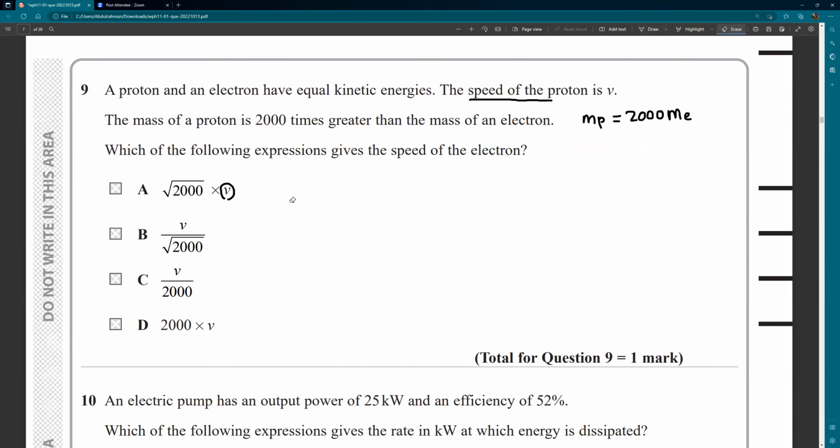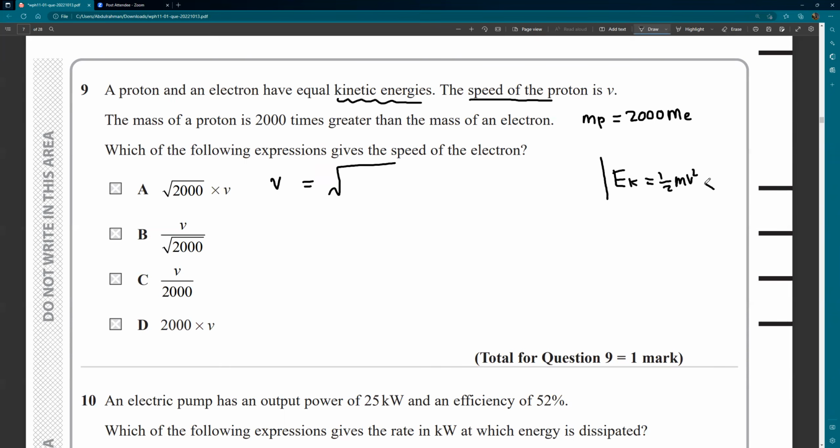Well, to do that, you're going to need an expression for the speed of the proton and an expression for the speed of the electron, and then compare the two so you could have one as an expression of the other. So let's first write down an expression for the speed of the proton. The speed of the proton, which is just V, is equal to square root, and I'm using the equation kinetic energy is half mv squared, because the question involved speed and also said they have the same kinetic energy.